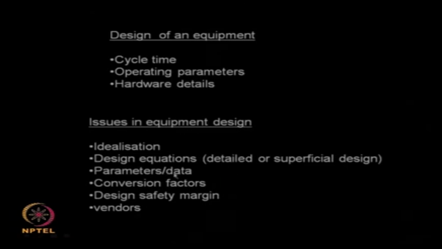Third step is parameters and data. For example, if I am going to do settling, I need to know the density of the liquid, the density of the solid, the viscosity of the liquid, the surface tension, so many parameters. Same thing, I need to know all about the solid properties, the size of the solid, the size distribution of the solid. There are a lot of parameters we have to know when we do this type of downstream calculation.